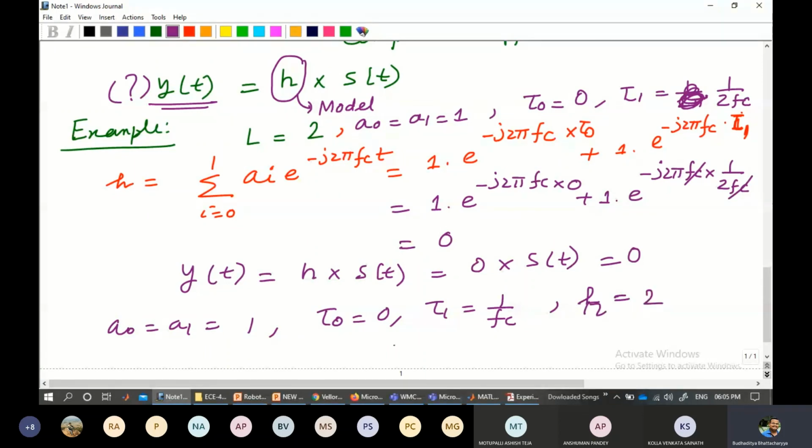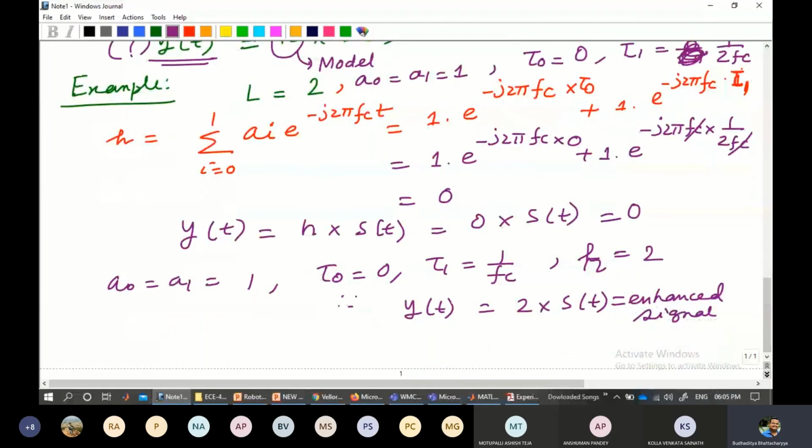So in that case, y(t) is nothing but 2 into s(t), which is an amplification or an enhanced signal. You can observe that based on h, whether it is absent or present, the output signal is getting varied. That is where we need to find out the distribution or the model that we need to follow. So let us take it from here for the next phase of our discussion.